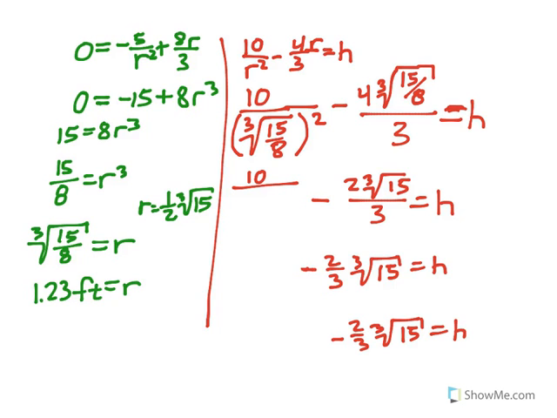Factor out the 1/2 and square it, so that gives us 1/4. And then we still have the cubic root of 15, but it's 15 squared. So this again simplifies to 40 over the cubic root of 15 squared.